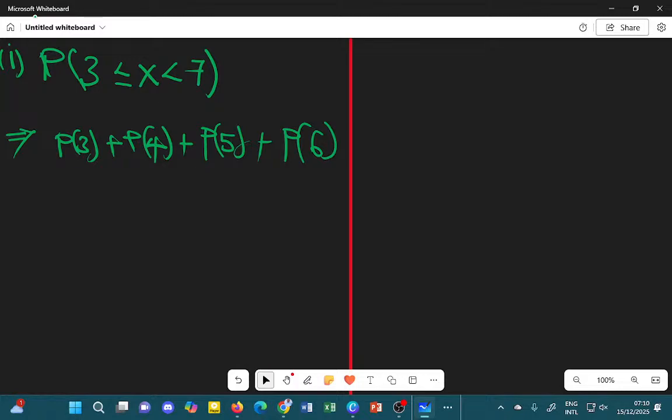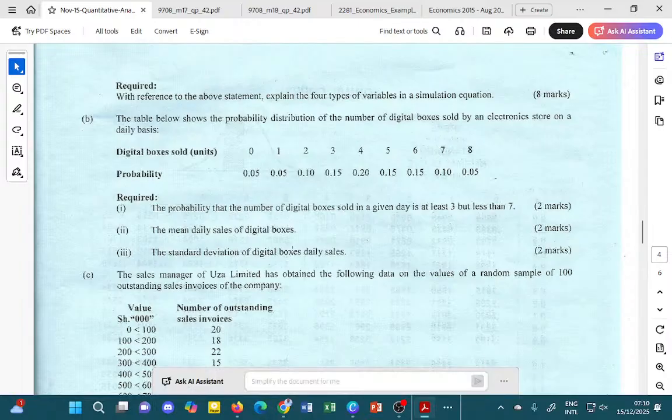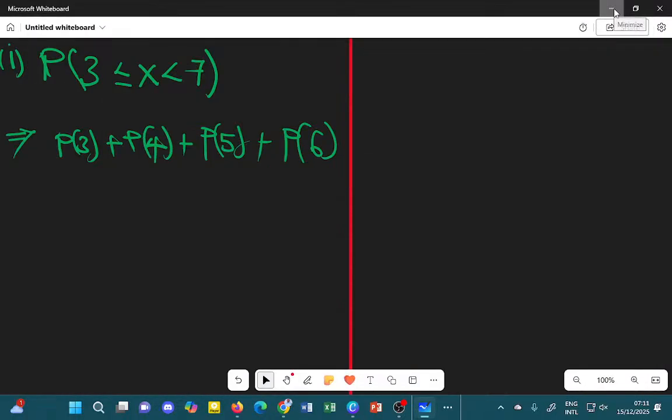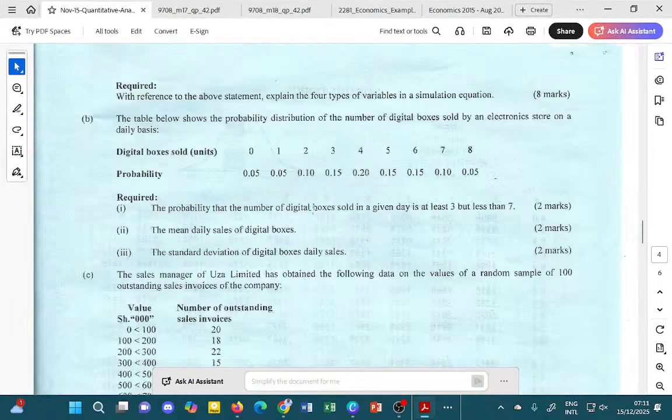If we check here from the question, the probability that it is 3 is 0.15. So 0.15 plus the probability that it is 4, which is 0.20.